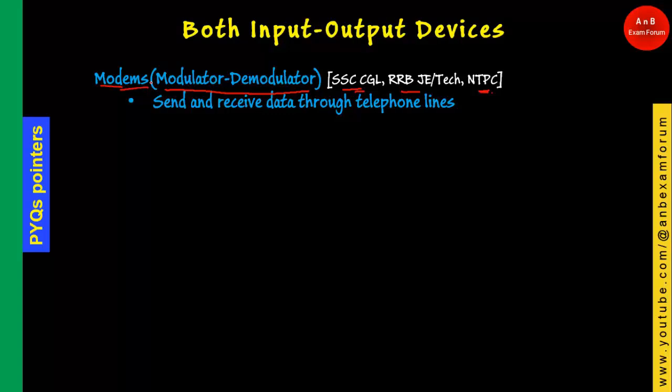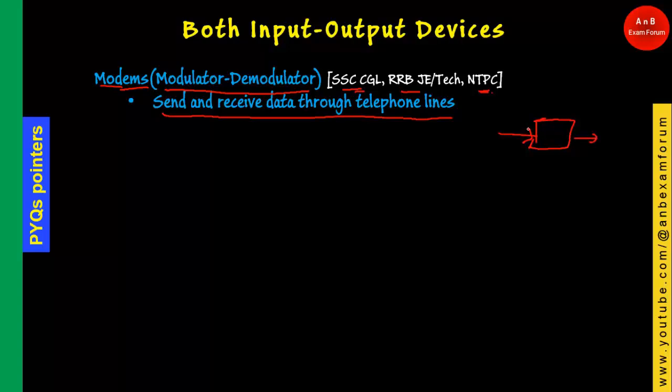What does this device do? It is basically used to send or receive data through telephone lines. Generally we use it for the internet, but it can be used for other purposes also. Remember, it uses a telephone line to send the data, input and output. If this is your modem, it is used to send the data and it is used to output the data.